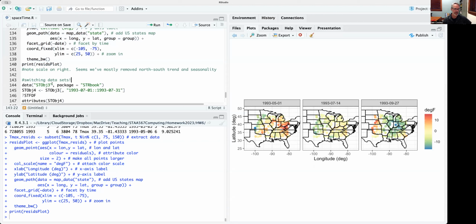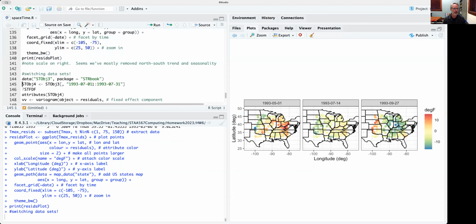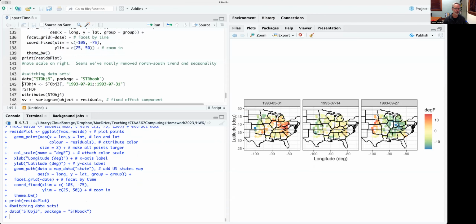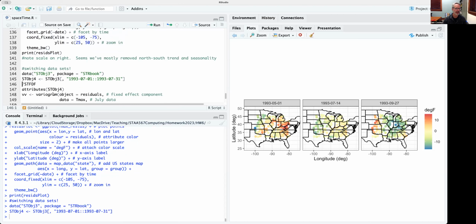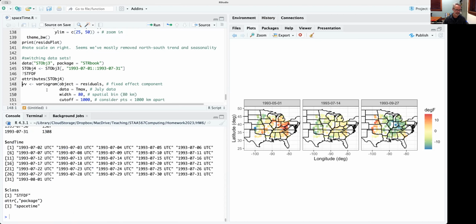I'm going to read in this data object from the STR book library, this stobj3, and in fact we're going to shorten this to only look at the July temperature. So I'm going to do this operation here to create stobj4, and let me run line 147.